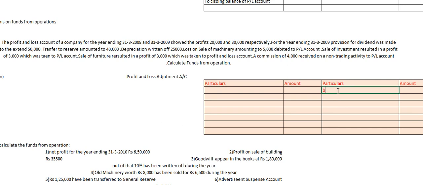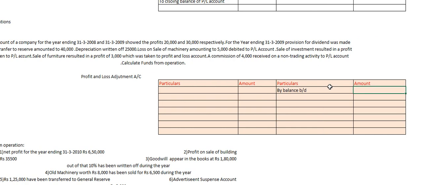So by balance brought down, your amount is 20,000.